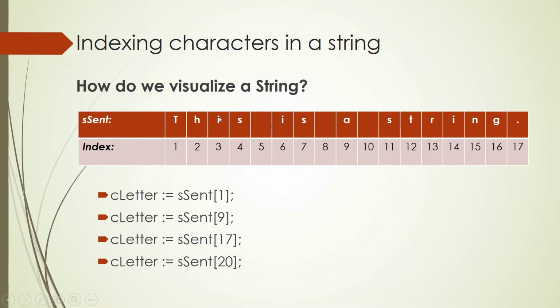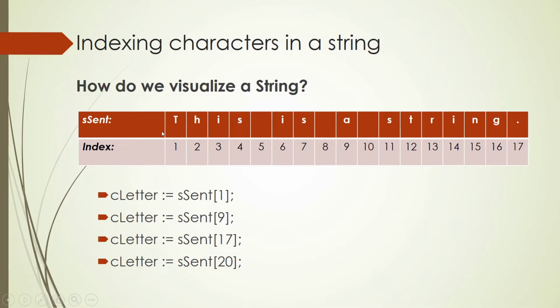Index 2, the I is at index 3, and note the space is a character in the string at index 5. I is at index 6, the letter A is at index 9, the letter T is at index 12. And the full stop is the end of the string at index 17.